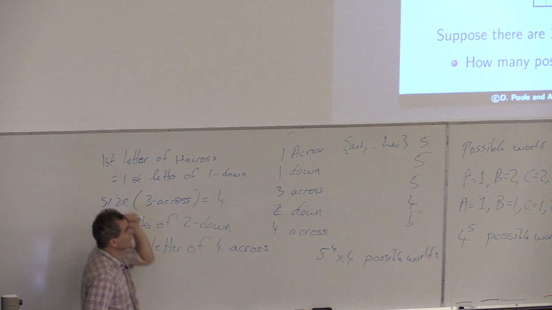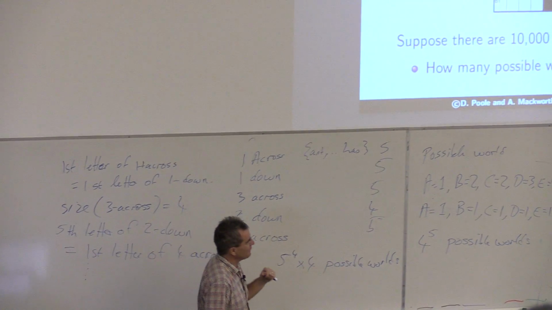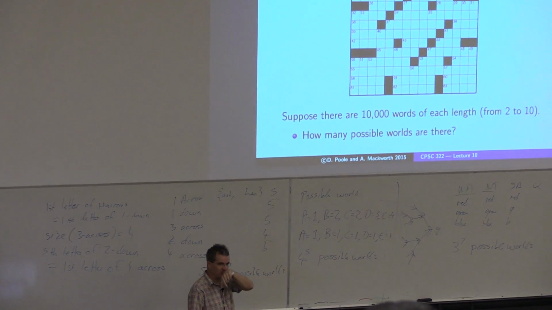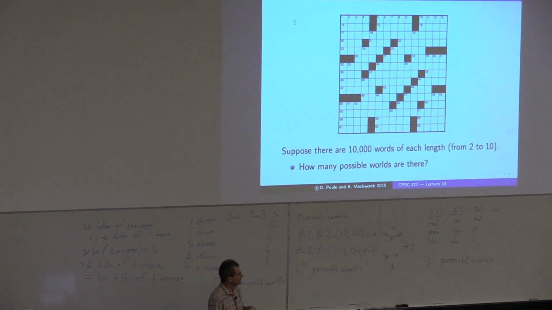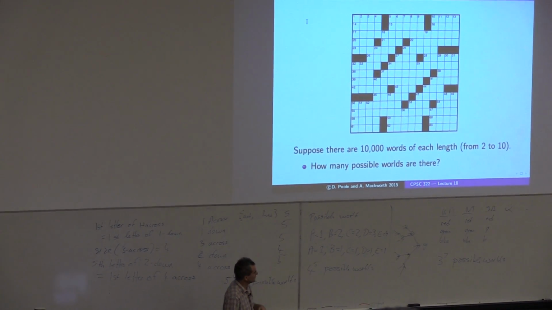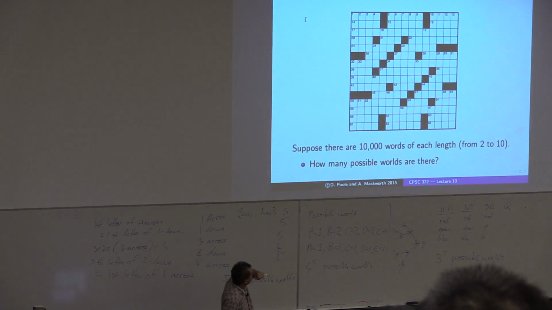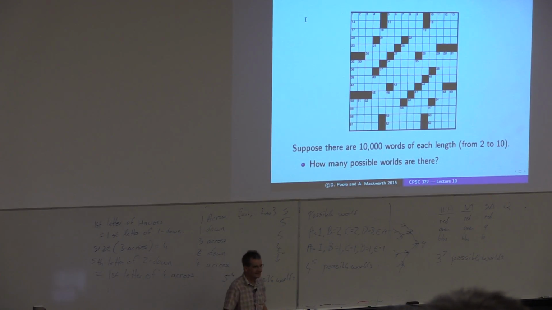If we have a big crossword puzzle like they have in the newspapers, and let's suppose people know about 50 to 100,000 words. So if you think there are 10,000 words for each letter of each length, how many variables are there in this? I don't know how many variables. That's a good question. There are about 100 variables, right?